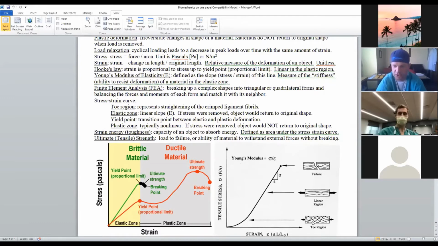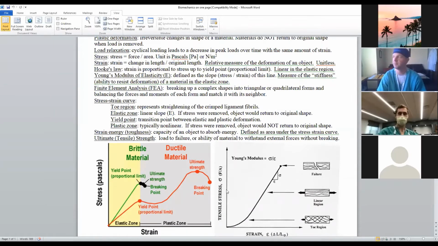Exactly right. All of the little collagen fibrils are kind of disorganized. So in the first part of the stress strain curve, like for a ligament, it's not very stiff. You can see the slope is very shallow, until all of those collagen fibrils line up or align. Then once they align and you continue to apply the load, it gets into the linear region of the stress strain curve.